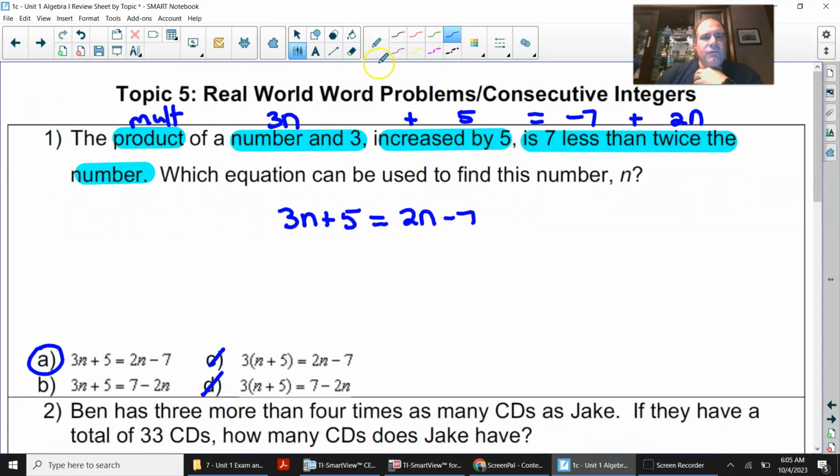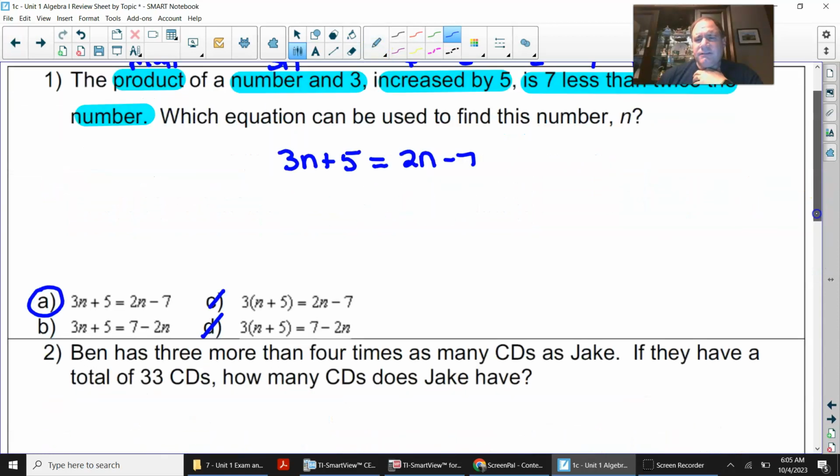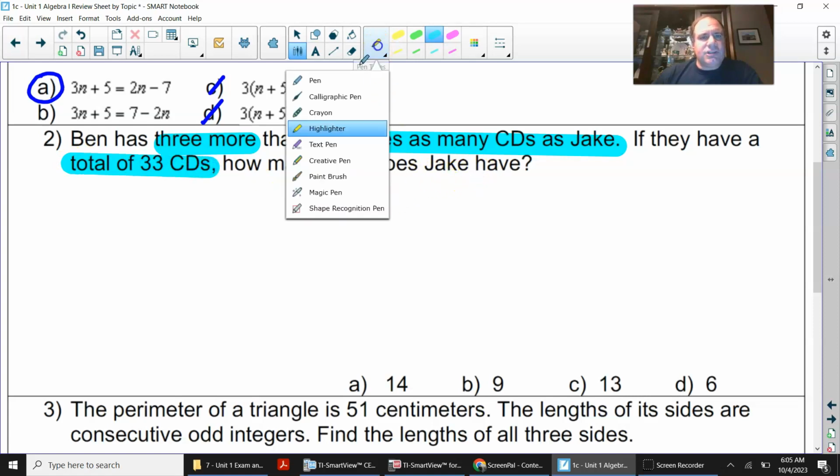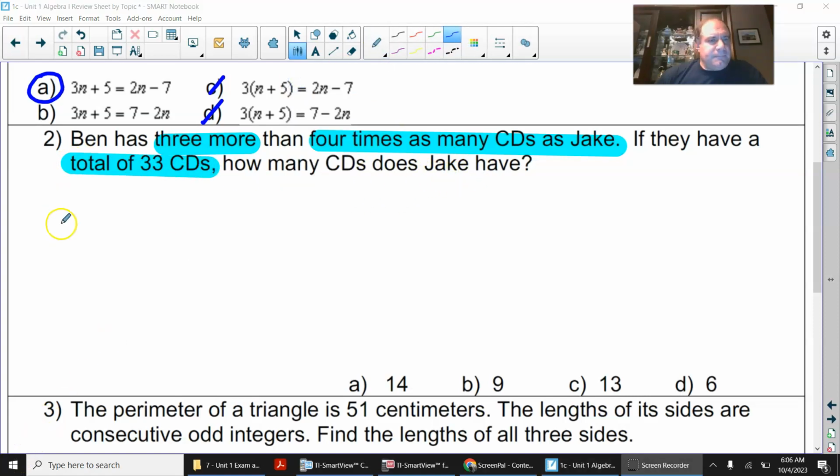Ben has 3 more than 4 times as many CDs as Jake. They have a total of 33 CDs. How many CDs does Jake have? So we're going to make a key, and we always make a key. So Ben, and then we have Jake.